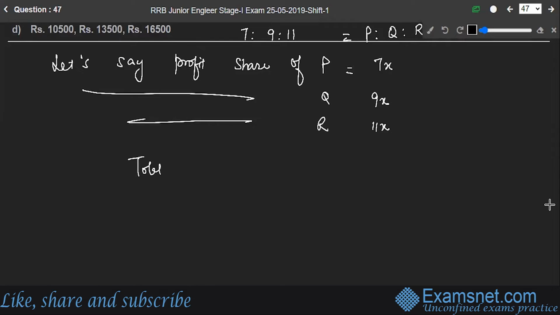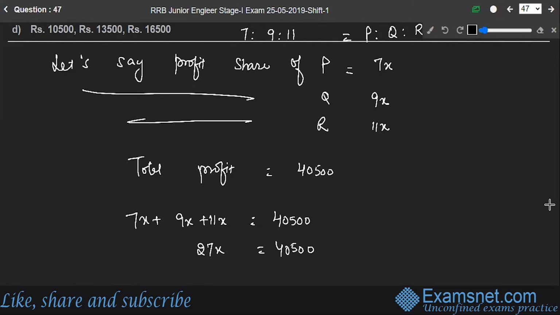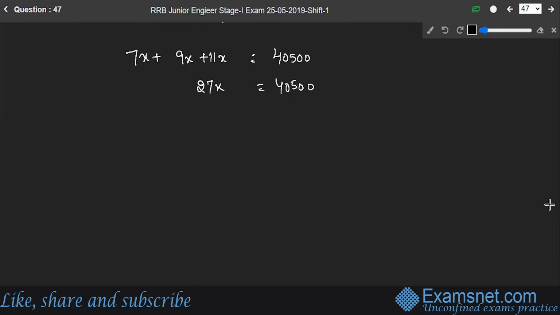You have the total profit of 40,500. So that means 7, 9, 11x is 40500. That gives me 27x is equal to this. Let's divide it. You will have 40500 divided by 27. It will give me 1,500.